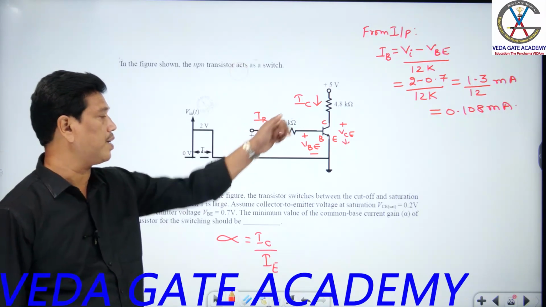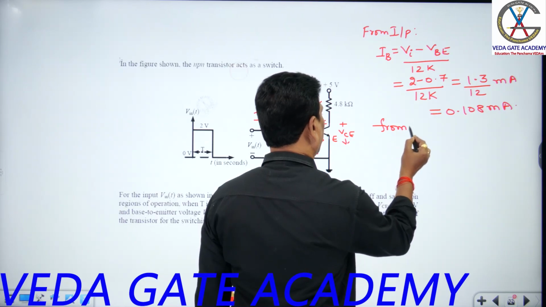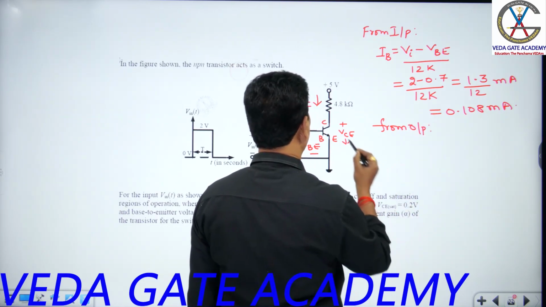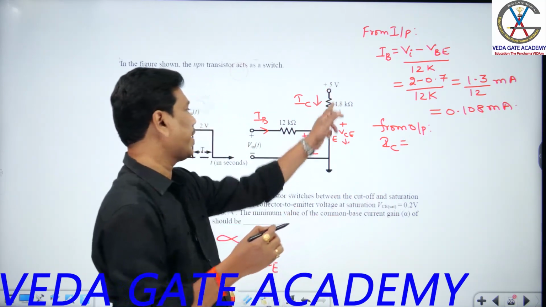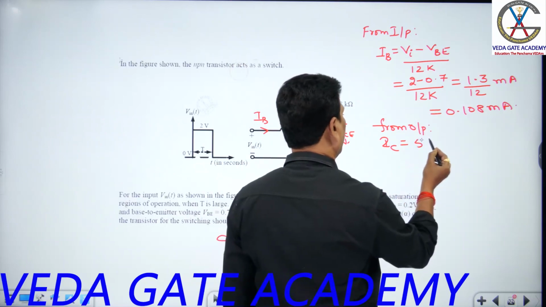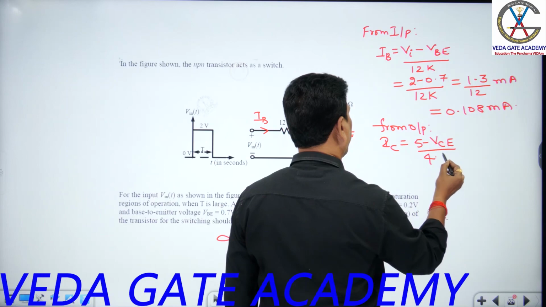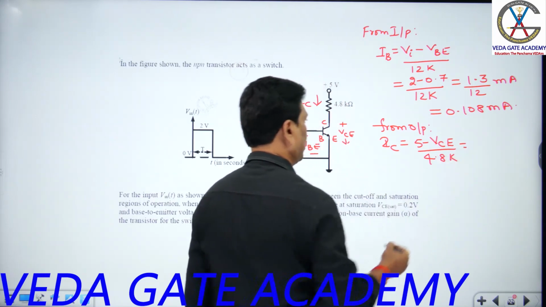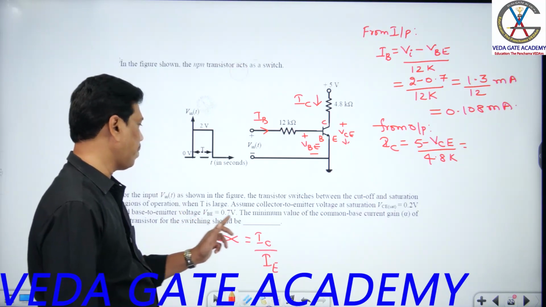Now I can go for IC, students. From the output, IC equals 5 minus VCE by 4.8K. Under saturation mode, VCE saturation is already given as 0.2 volt.